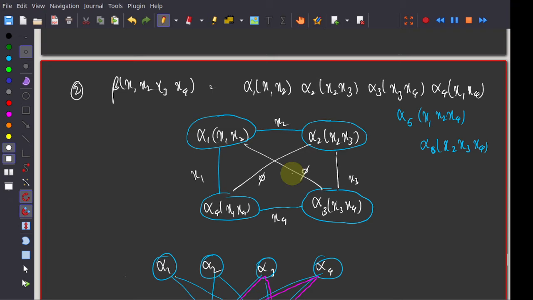If it is fully connected, then it should be exactly equal to mk minus 1. If the subgraph is not connected, then it could be less than mk minus 1.